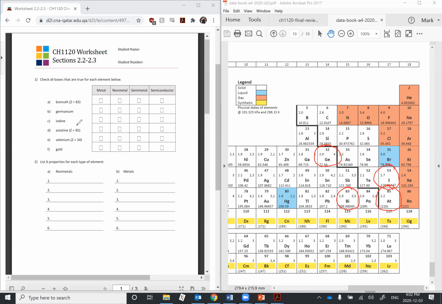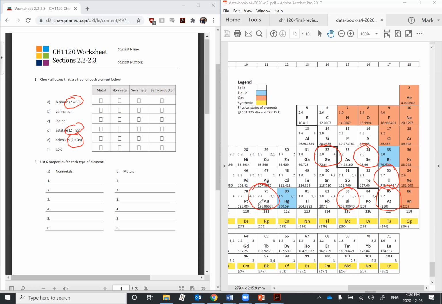You'll notice for astatine, selenium, and bismuth, we give you the atomic number. That's if you don't know the name or the symbol of these, the number will help you find them. So Z is my atomic number. Where's selenium? Selenium 34. I got astatine circled, gold 79.